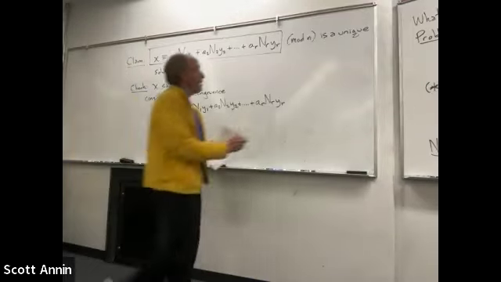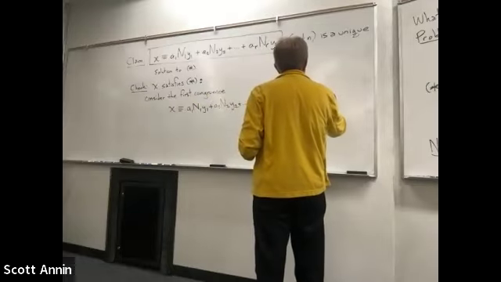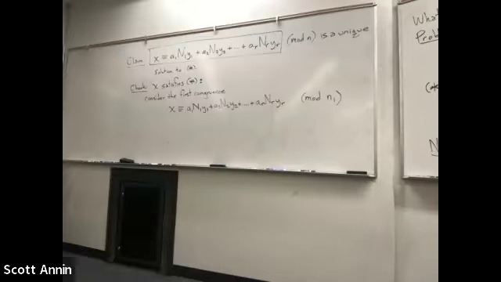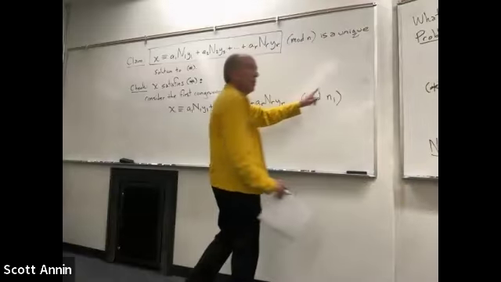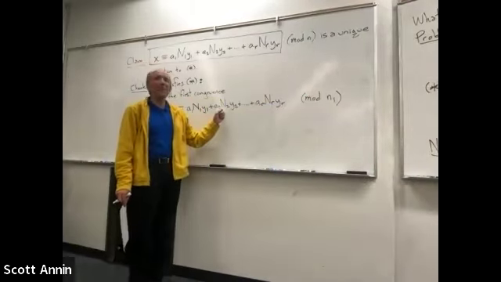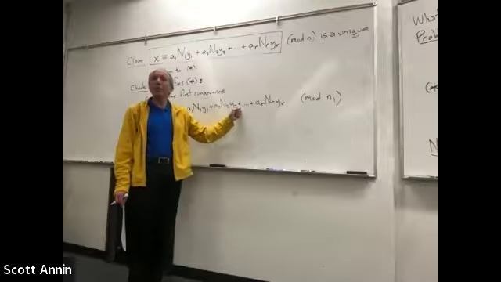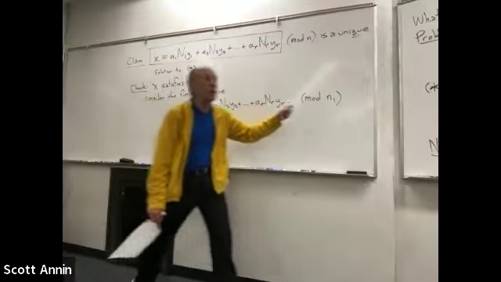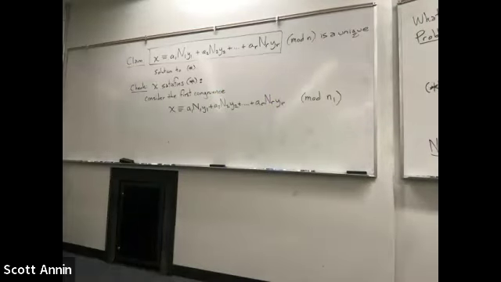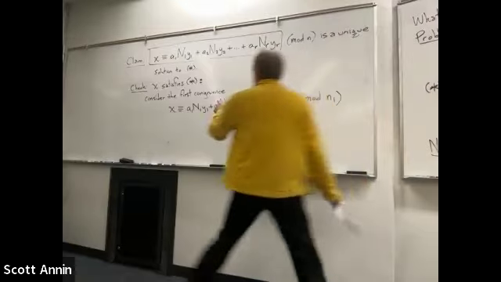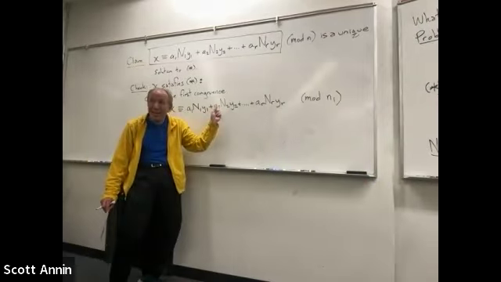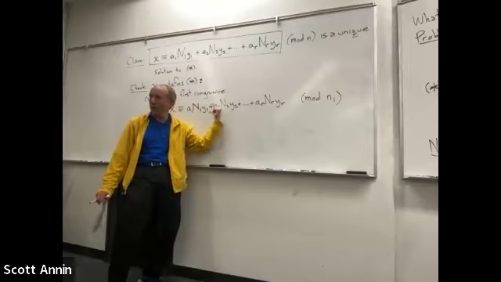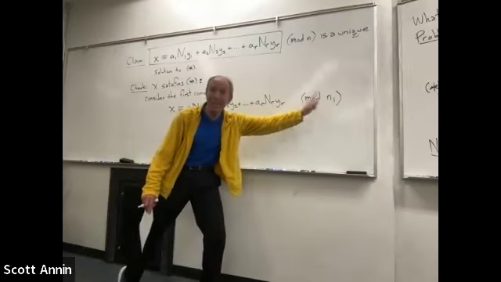If I look at it in mod n1, so I'm just focusing on the first congruence, which is in mod little n1. Do you all agree that in mod little n1, the big N2 is 0, and the big N3 is 0, and the big N4? Because take a look, your big Nk's have all of the little n's in them except for the k-th one, right? So in other words, this big N2 has a little n1 inside of it. So this is a multiple of little n1, meaning that it's 0 in that modulus, right?